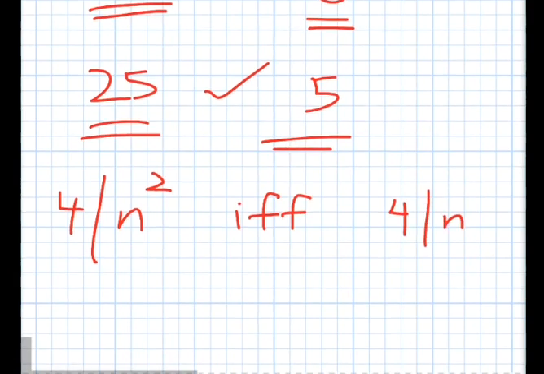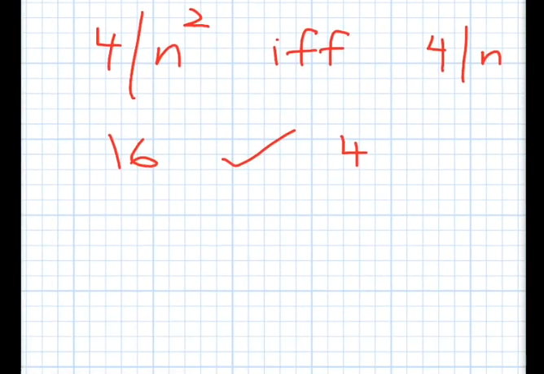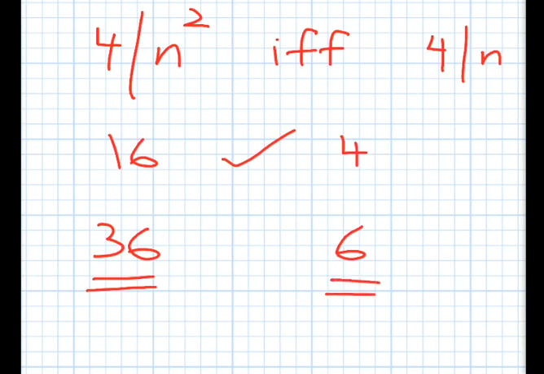This bar represents divides. Is this statement correct? Let's see, 16. The square root of 16 is 4. This is correct. Then we have 36, and the square root of 36 is 6. Now 4 divides 36, but 4 does not divide 6. So this statement is wrong. So the above statement cannot be said about 4.